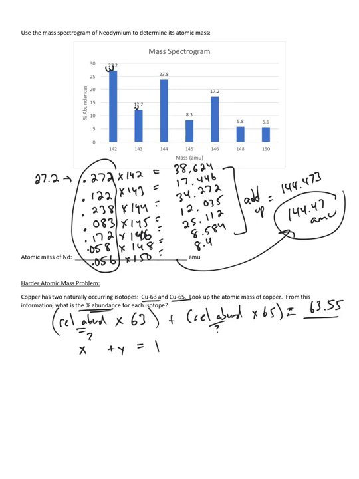So if I set the relative abundance of the first one to X, it would be X times 63. The X would be the relative abundance of the lighter isotope, plus, if I were to make this Y, you can't solve an algebraic equation for two different variables.